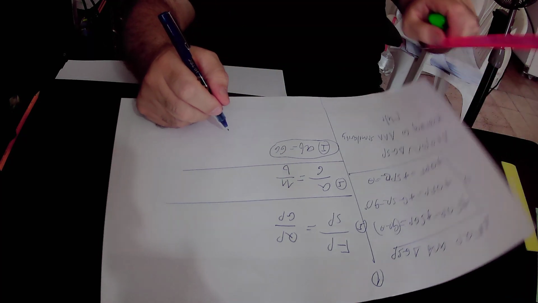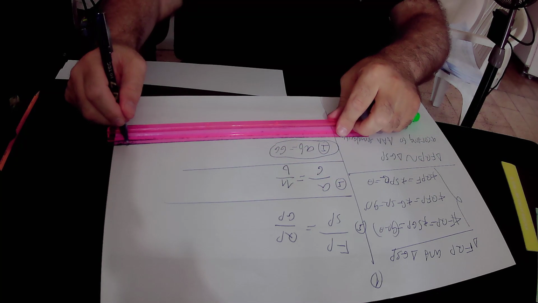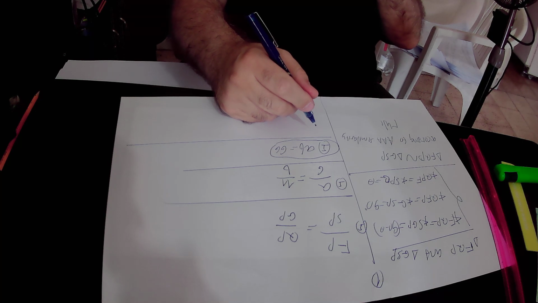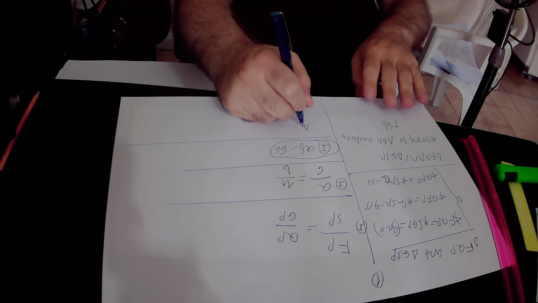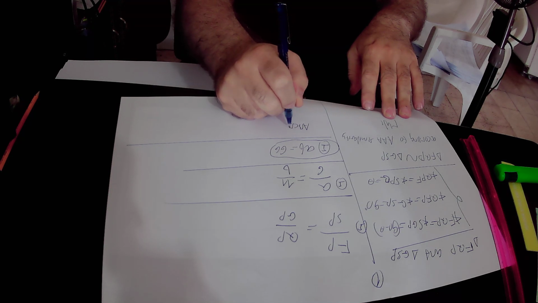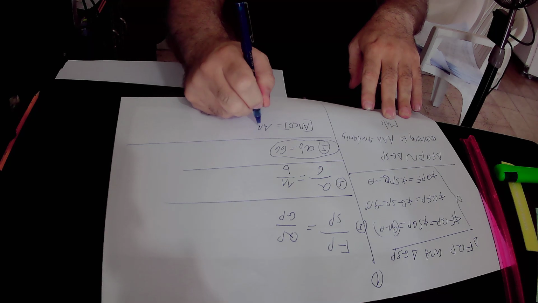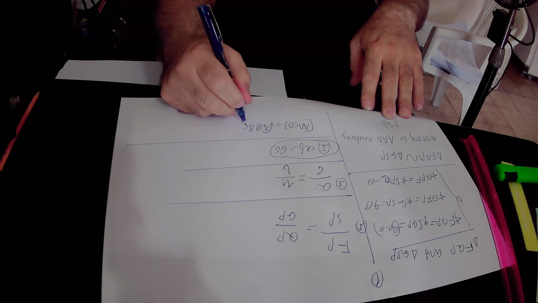And what is the area of rectangle ABCD? The area of rectangle ABCD equals the length of the rectangle, that is AB, times the width, that is BC.